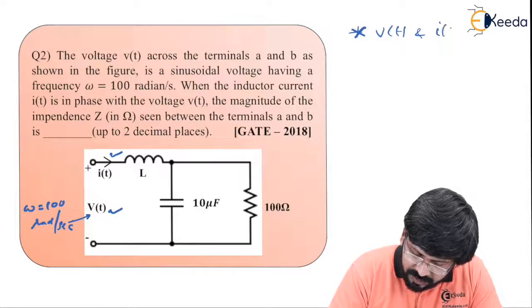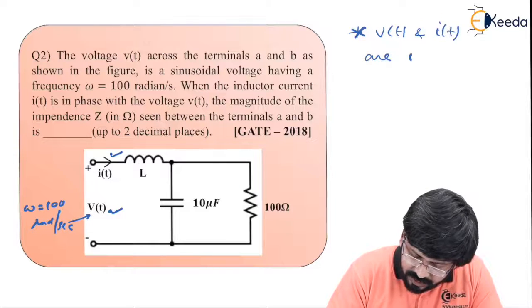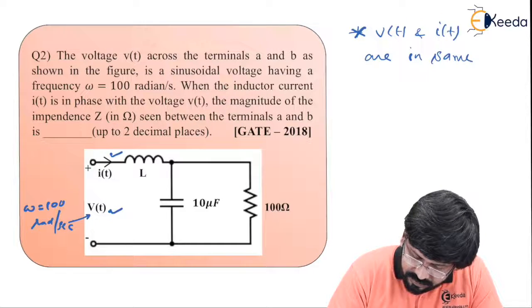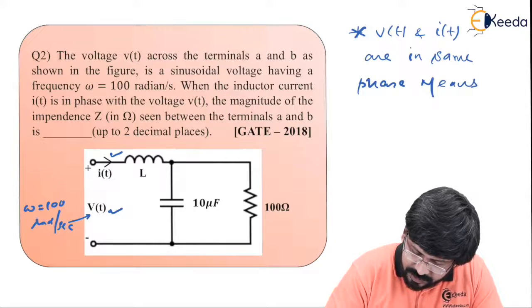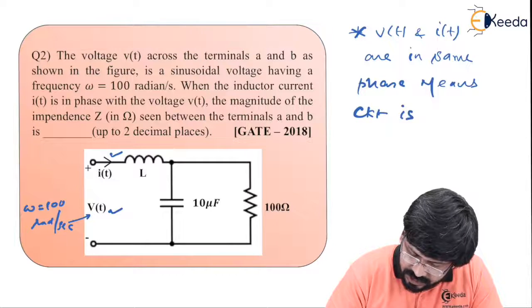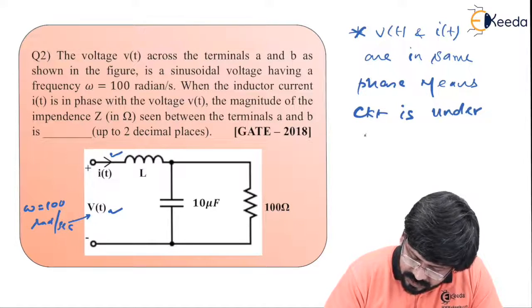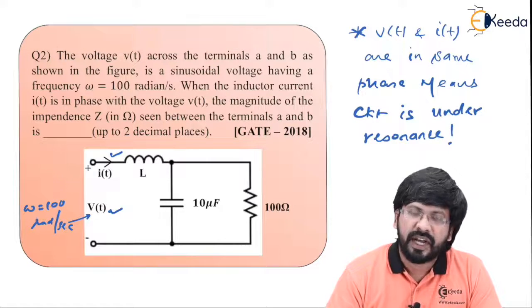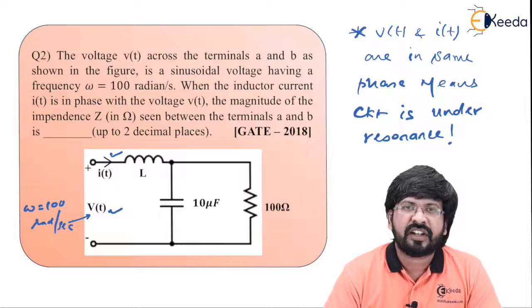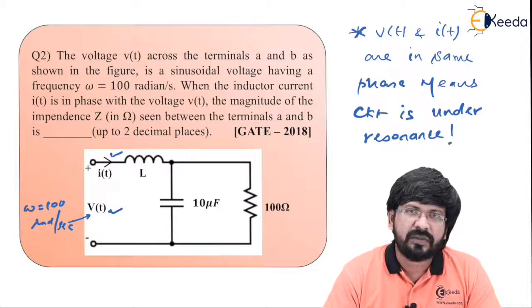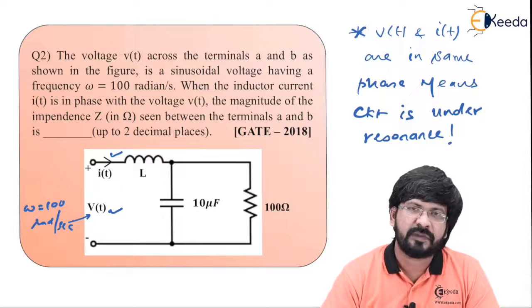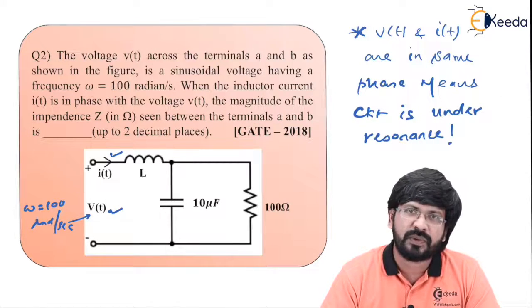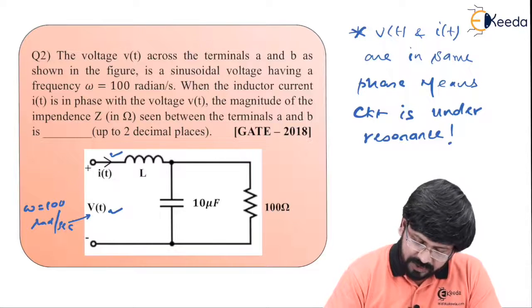V of t and I of t are in same phase means the circuit is under resonance. And I'm sure you know, when the circuit is under resonance, if you have to see the total impedance that's seen between A and B, it is always a real part of the actual Z. It means imaginary part of the Z is always equal to 0. So let's see in this case what happens.